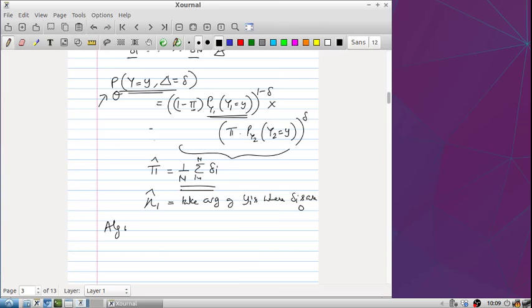An algorithm just means a sequence of steps. It's a procedure: step 1, step 2, step 3, step 4.